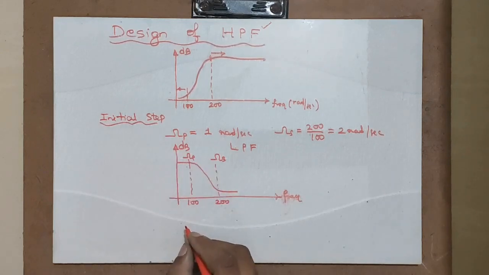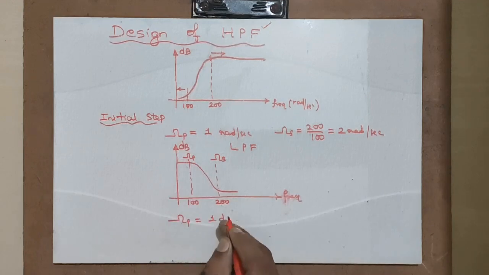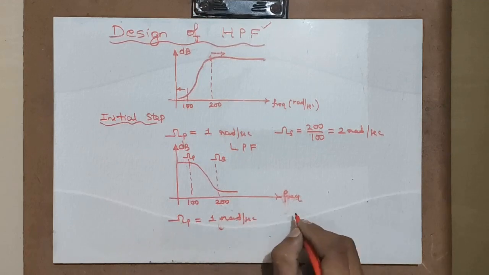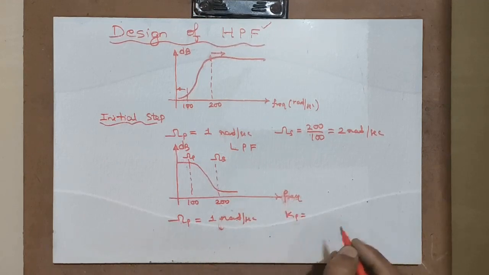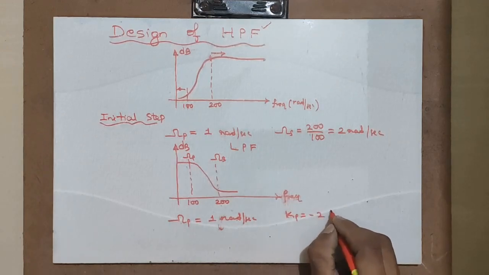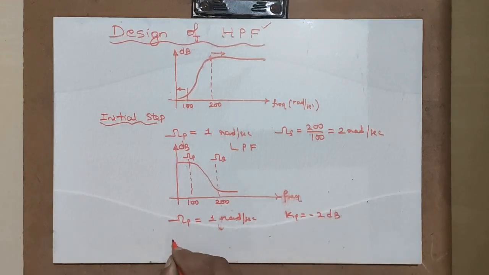Hence, the initial step is, whatever is given to you, you take omega p equal to 1 radians per second, and Kp, the value given to you in the example, is minus 2 decibel, no change in that.